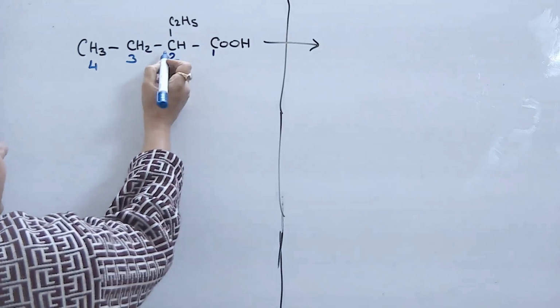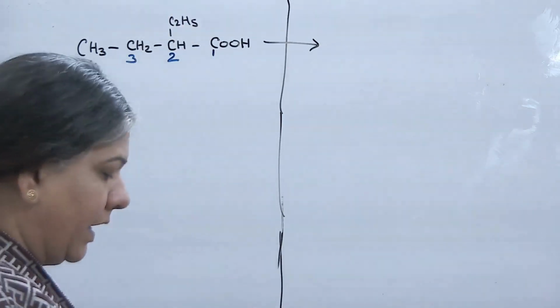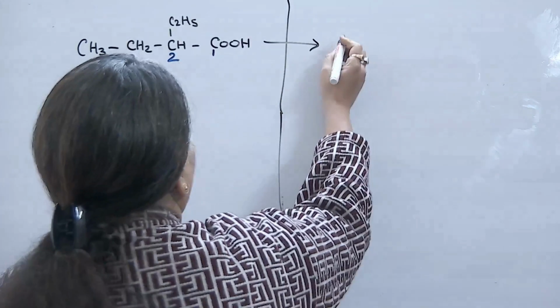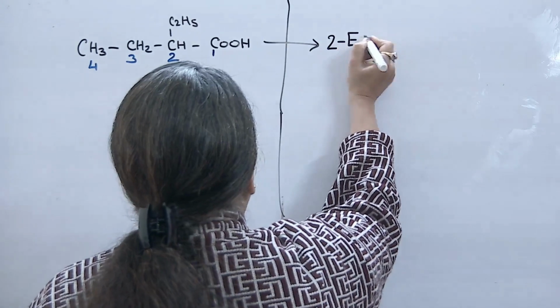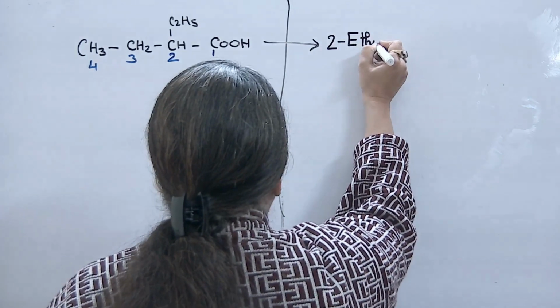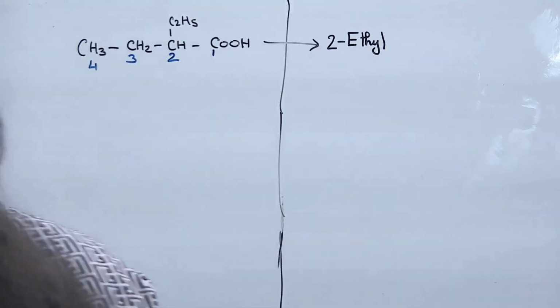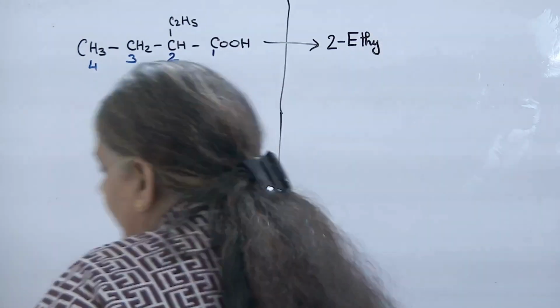And at carbon number 2 we have this substituent which is ethyl. So let's name it 2-ethyl. Then put the root word. Since it is a 4 carbon compound, so the root word will be but.